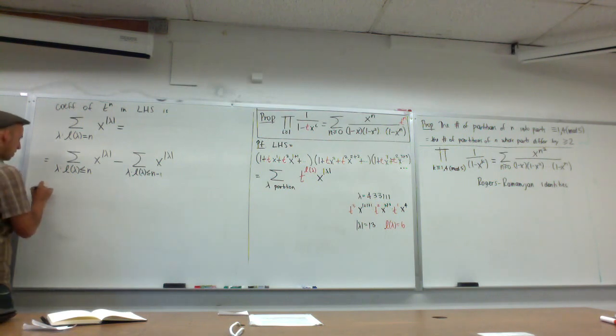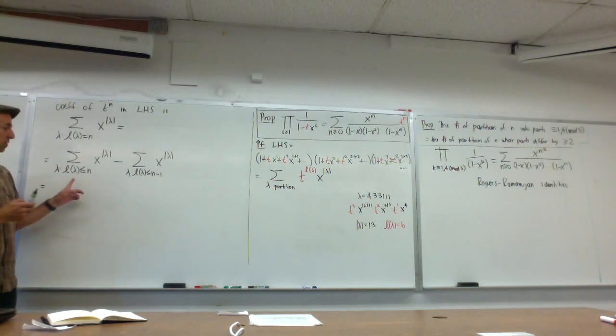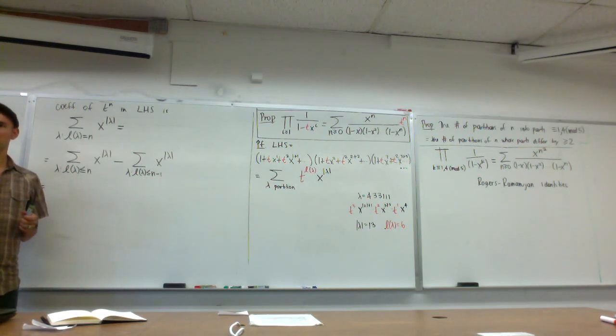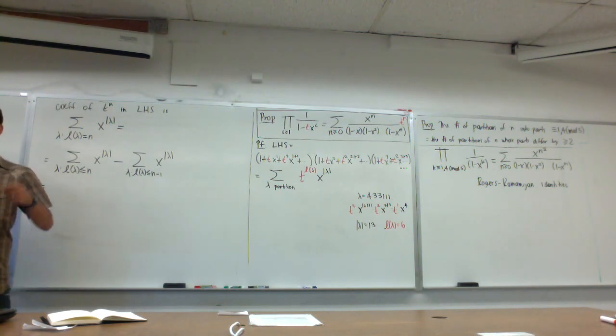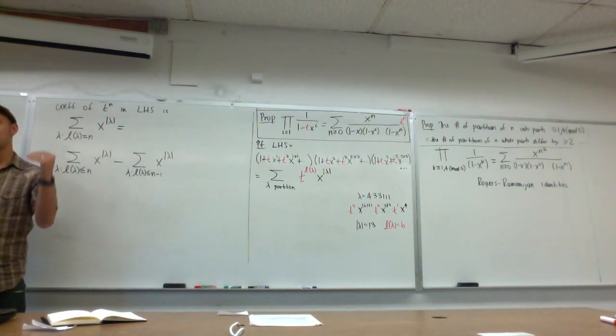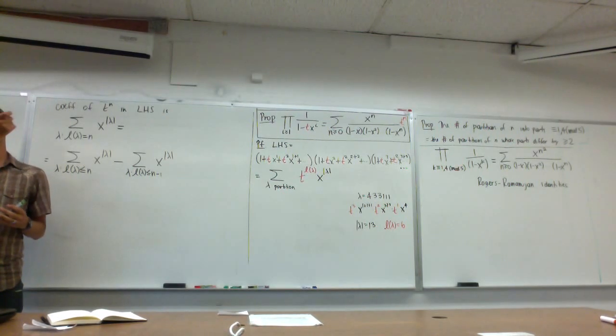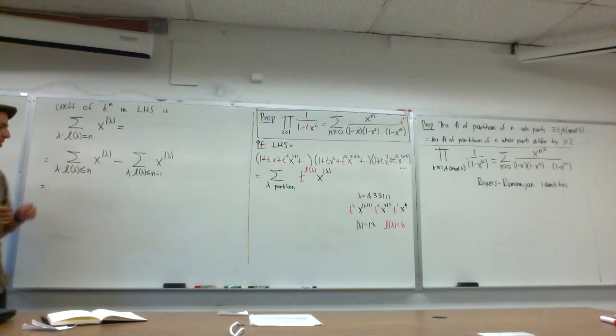Okay? But the thing is that, now I'll remind you that we showed that the number of partitions of length less than or equal to n was equal to the number of partitions where the largest part was at most n. This was going from that trick that if a partition has length k, then the conjugate has largest part k. Okay?